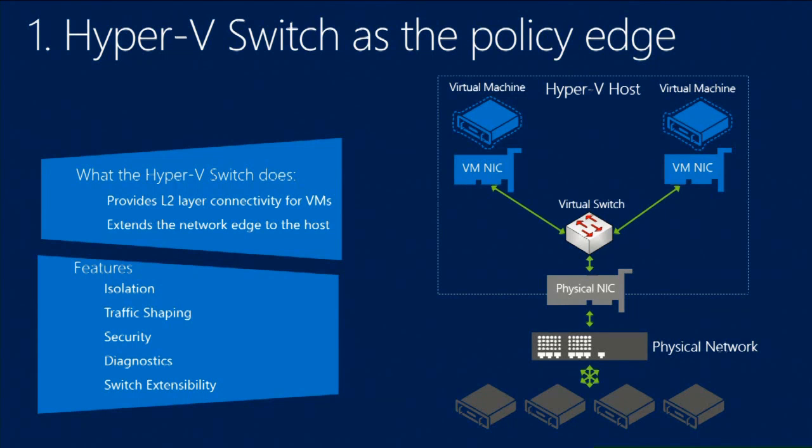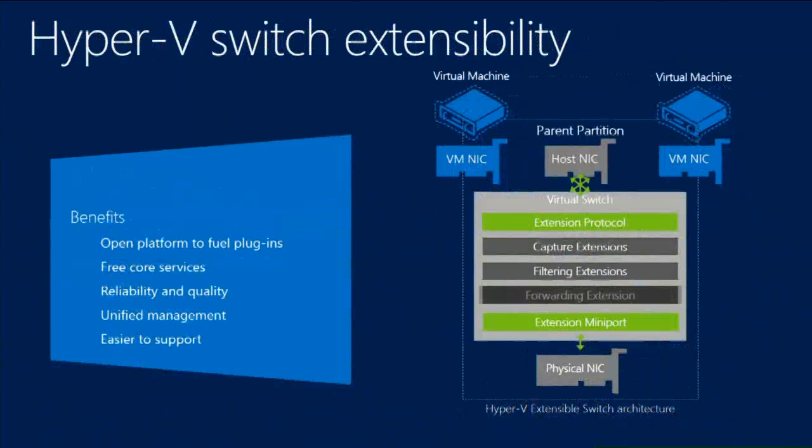And probably amongst the most interesting things in the switch is that it is extensible. So the switch is extensible. It's not replaceable. It is extensible, which means that you can now have a rich ecosystem of partners building around it. So you can have, say, for instance, an S-Flow extension from one vendor, a firewall extension from another vendor, and a forwarding extension from another vendor.